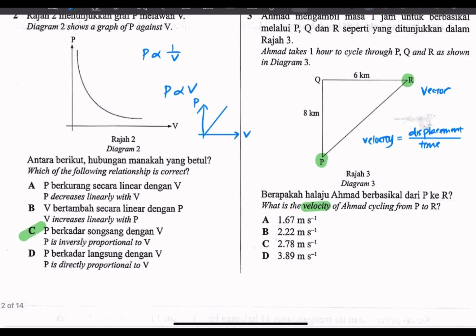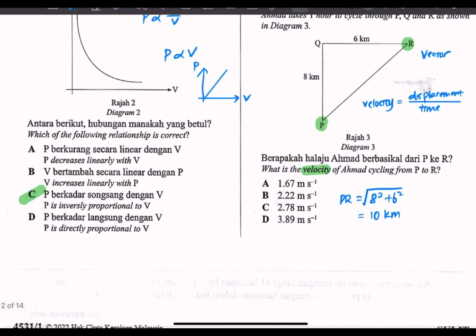We calculate the length of PR first. So PR is the square root of x squared plus 6 squared, which is 10 km. Okay, velocity, displacement 10 km over time 1 hour.